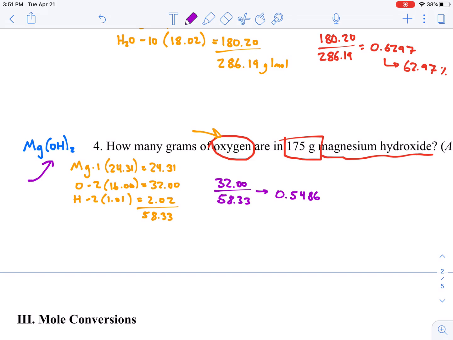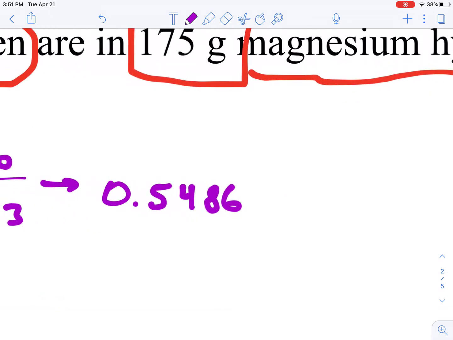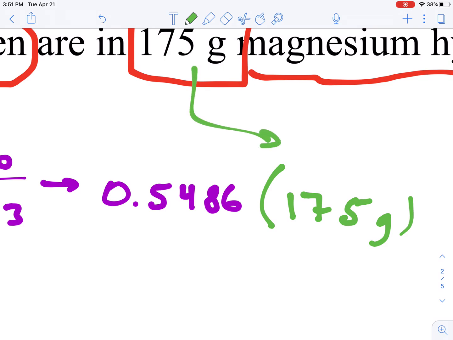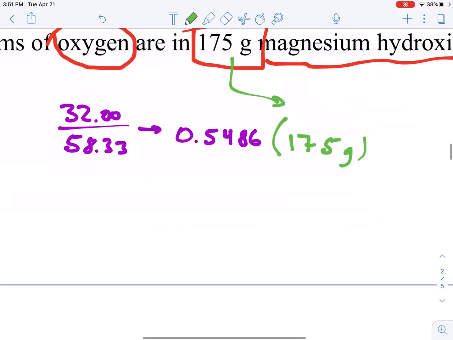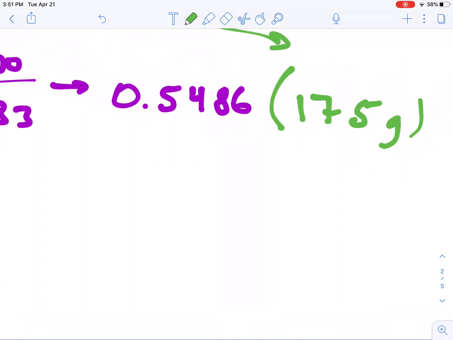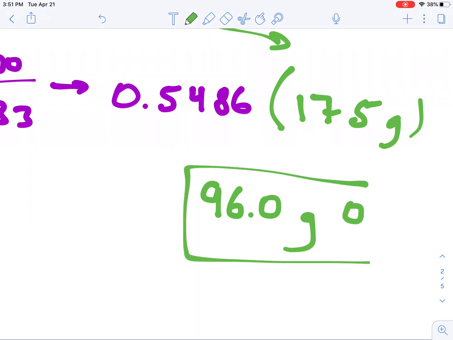And so if it's 54% oxygen, let's multiply that times the 175 grams, right? 54% of 175 grams turns out to be 96.0 grams coming from the oxygen in this sample.